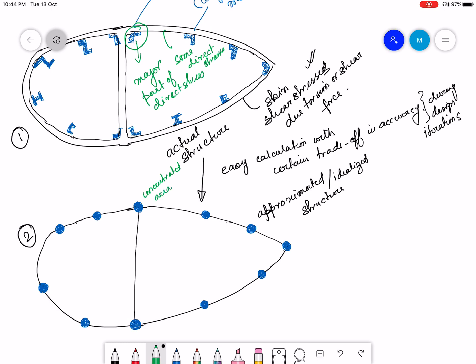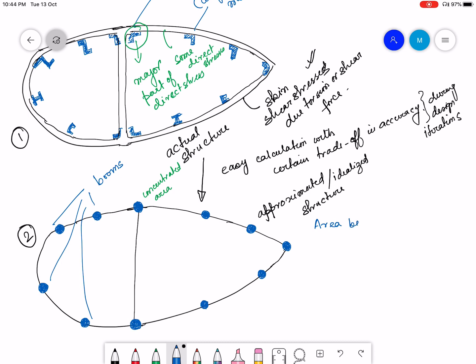So wherever I have a stringer, I have replaced it by a concentrated area, and these are called booms. So all these are called booms. Booms are concentrated areas.